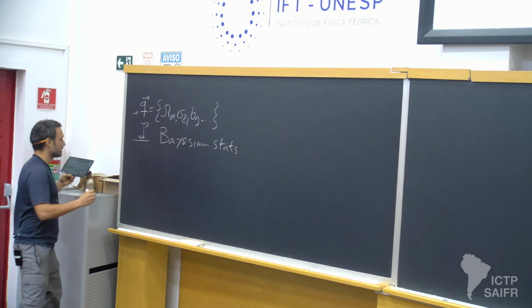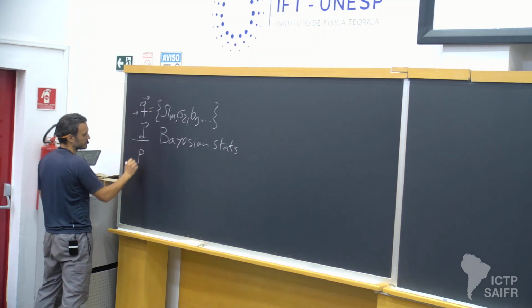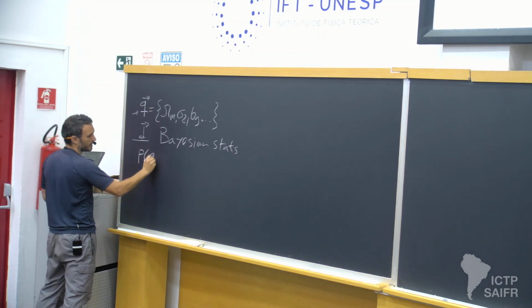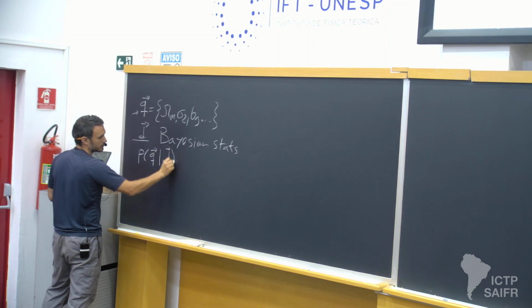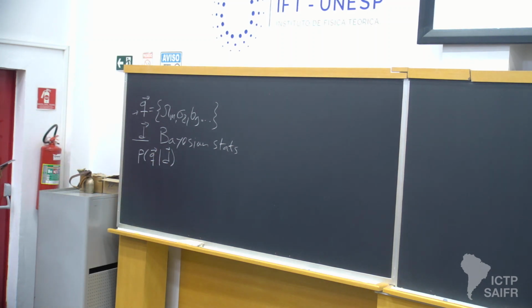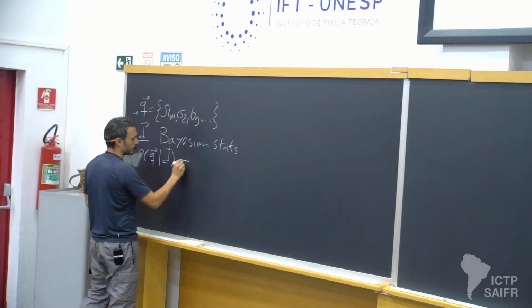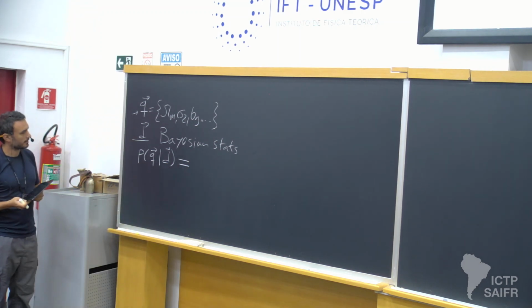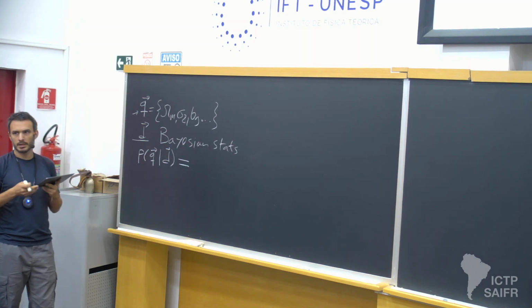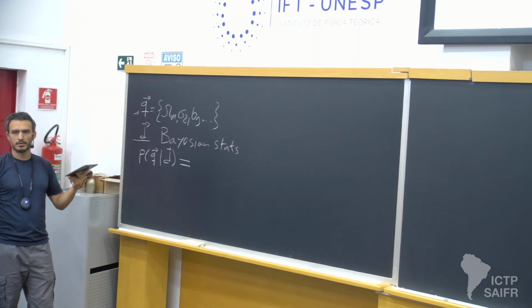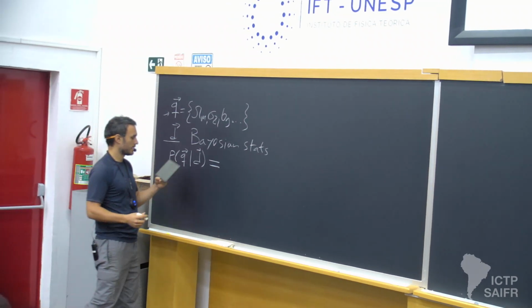So ultimately, what we want to characterize is the probability of measuring some parameters given our data. It's this conditional probability, okay? This is what we call the posterior probability distribution of our parameters given our data. And if we use Bayes' theorem, which I'm guessing many of you have seen in your statistics classes, right?